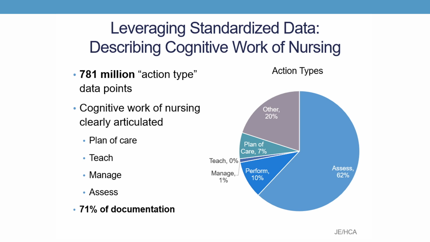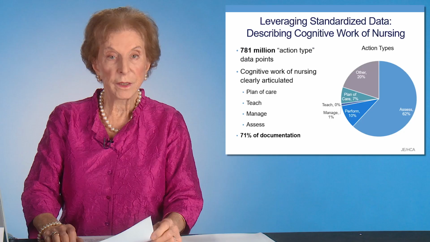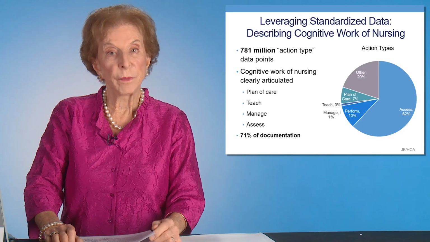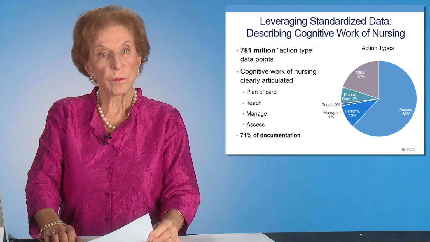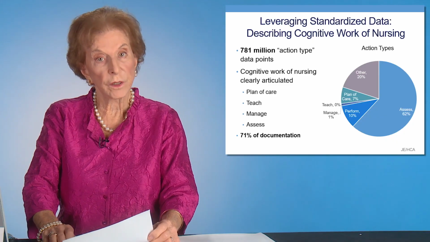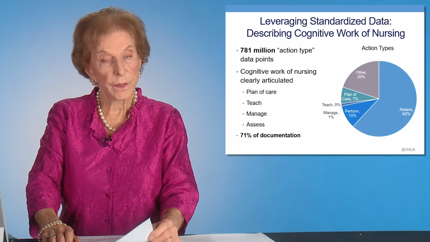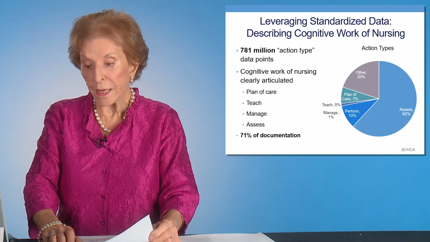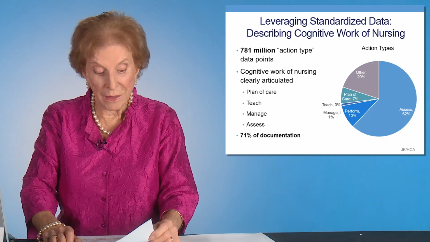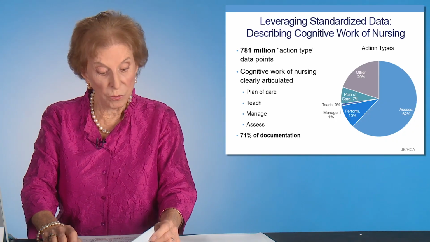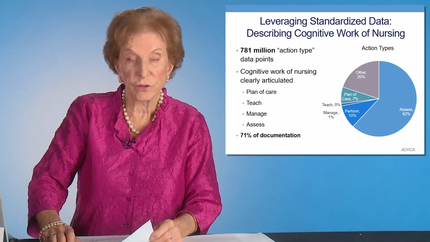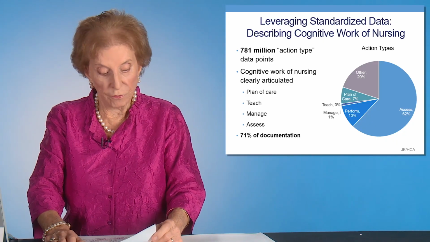What she did, and what is interesting about this Hospital Corporation of America, is that all the data elements are processed in one place in Nashville, in the computer system of their headquarters. And so she was able to aggregate some 78 million data points that represent just the 4 action type qualifiers.